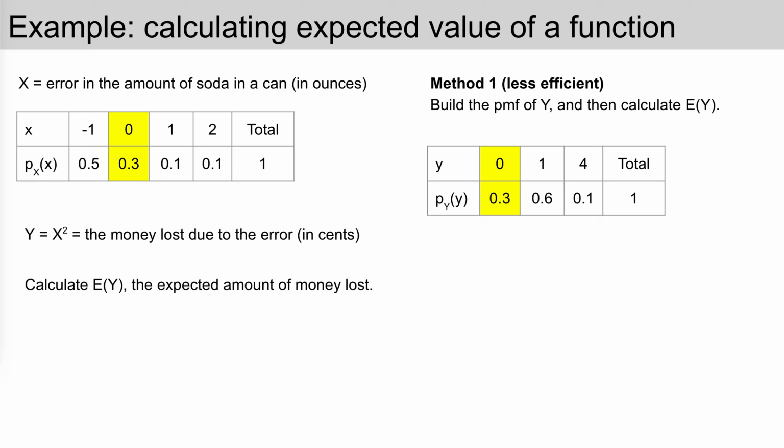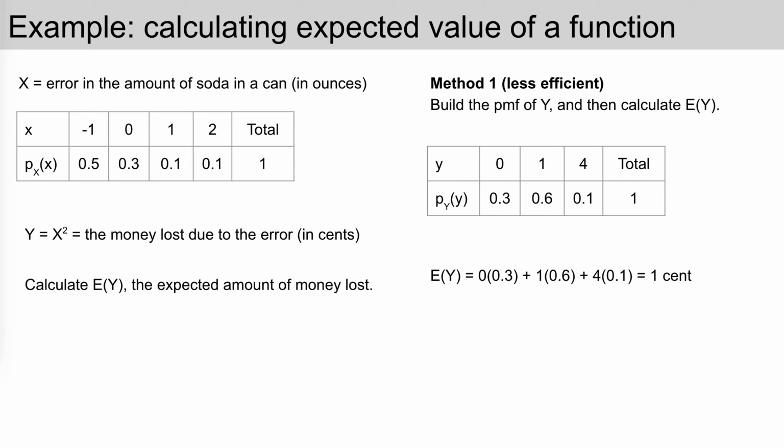Next, y equals 0 when x equals 0, which happens with probability 0.3. Similarly, y is 4 when x is 2, which happens with probability 0.1. Finally, y is 1 when x is either -1 or 1, which happens with a combined probability of 0.6.